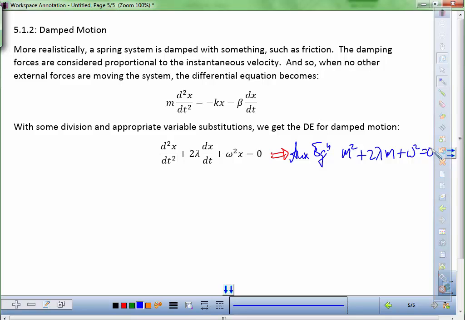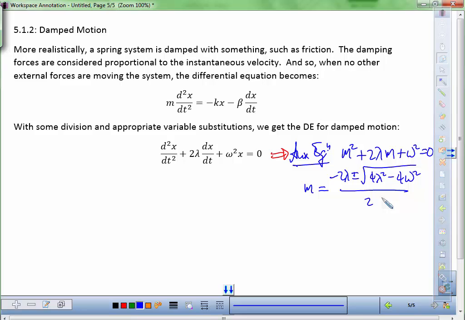And when you look at this, because you don't know what omega and lambda are, they're right now in general form, we're just going to use our quadratic formula: minus b plus or minus the square root of b squared minus 4ac, all over 2a.